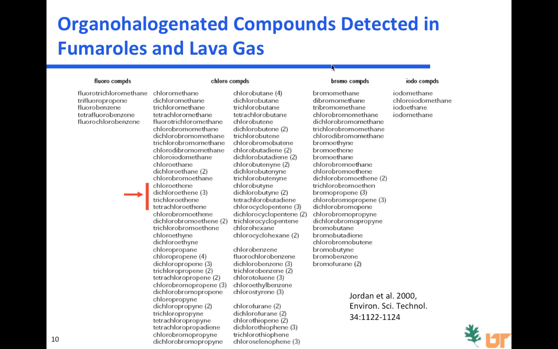And I highlighted in red, we talk a little bit more about this later, a few chemicals that you probably know or recognize as typical groundwater pollutants, specifically tetrachloroethene, trichloroethene, all dichloroethene isomers, and even vinyl chloride, chloroethene, were all detected in emissions from volcanoes. So clearly, there is a natural source of these chemicals.